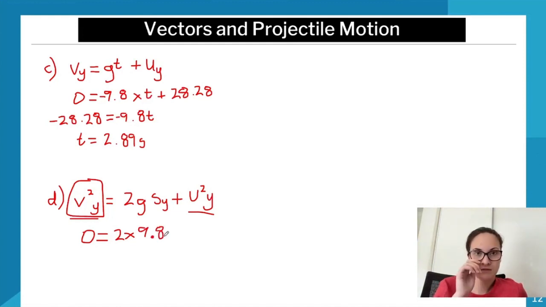Or you guys can figure it out and then share amongst yourselves. Multiplied by Sy, which is what we're trying to find, plus U squared Y. So that's going to be 28.28 squared.